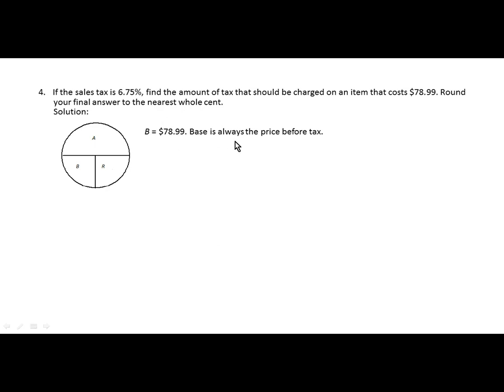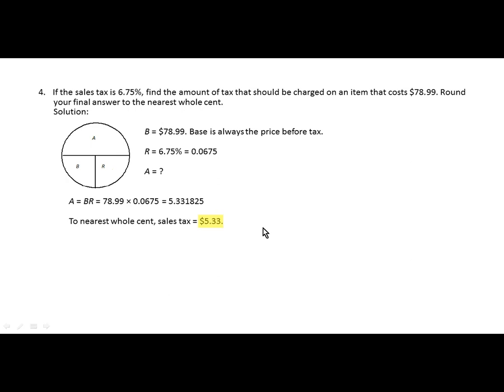In tax, salaries, the base is always before tax or before a raise or before a salary reduction. In terms of items going on sale, it's the price before the sale. Our R is 6.75%, which is 0.0675. The amount of the tax is, I don't know. So A is B times R. So 78.99 times 0.0675. To the nearest cent, $5.33.